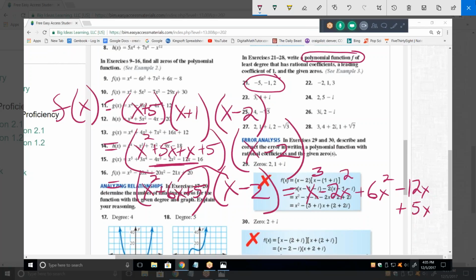Minus 10. Minus 10? Okay. Simplify that. Okay. So x to the third plus 4x squared minus 7x minus 10.